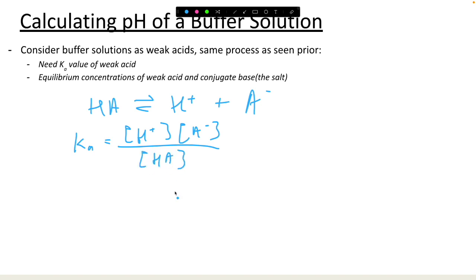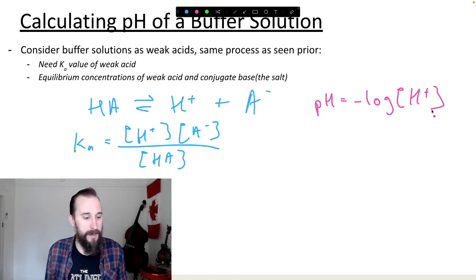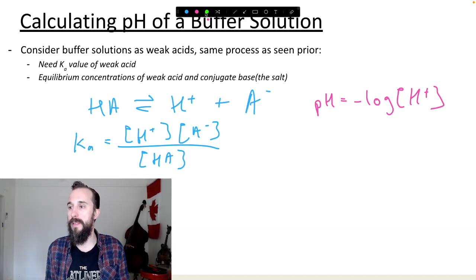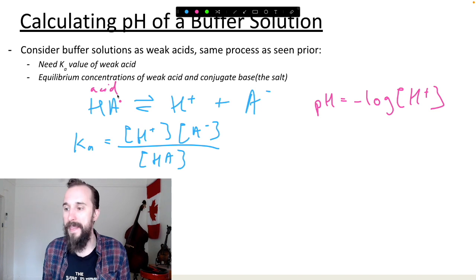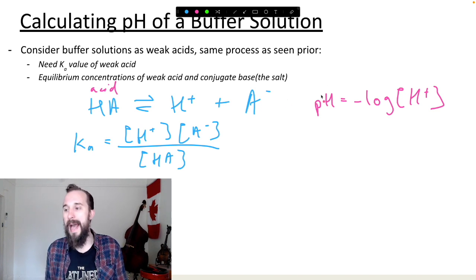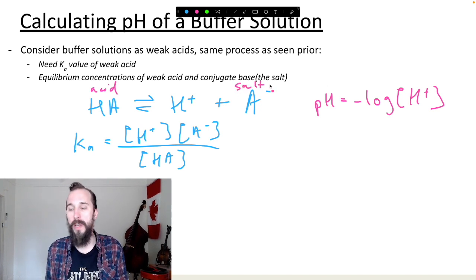Now, if we wanted to know the pH, we'd have to rearrange to get H plus as the subject, and then we can calculate that if we're given the other variables via our pH equation. But we were just saying before that in our buffer solutions, we make them by having a concentration of our weak acid there, and then having a concentration that we add of our salt as the conjugate base.